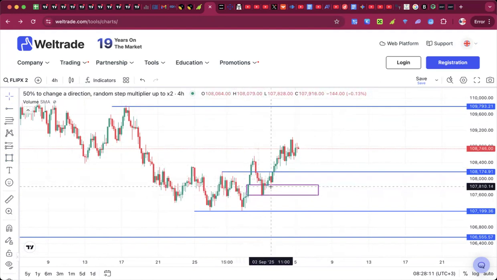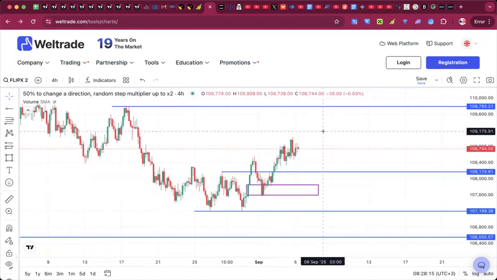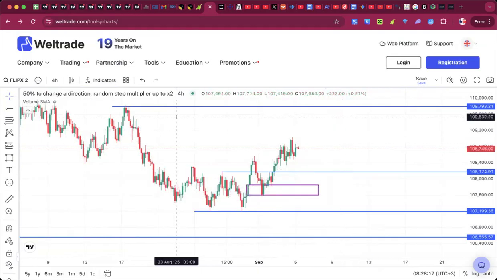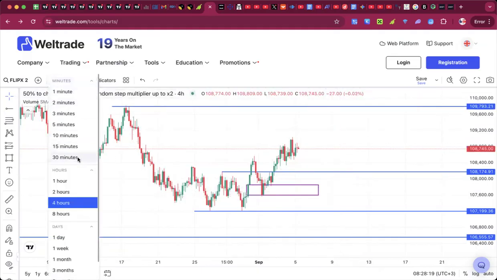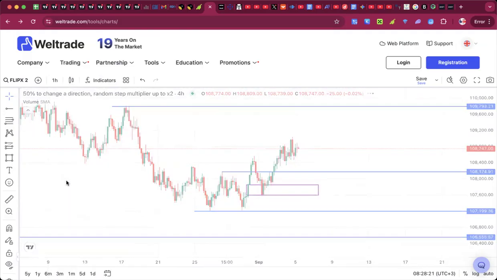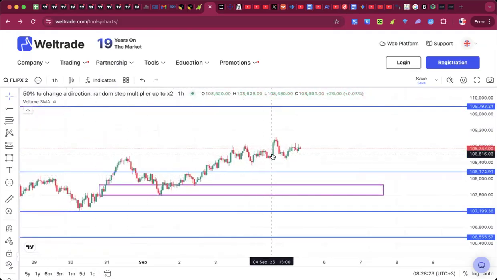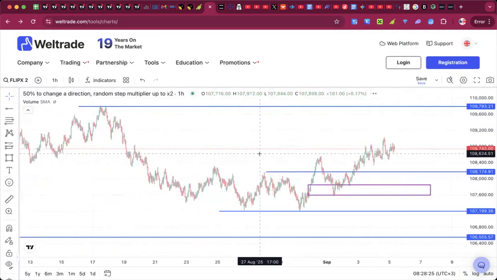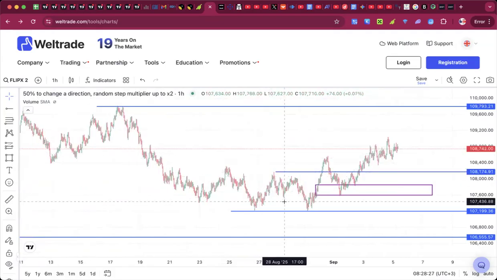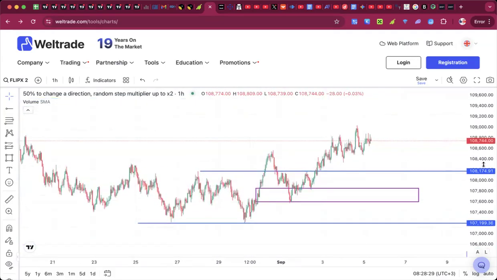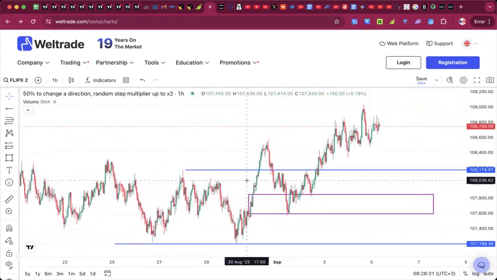Right. That was that entry. Then we are following up. But you still know that this has not really created an uptrend per se, it is trying to reverse. So the same thing on 1 hour.